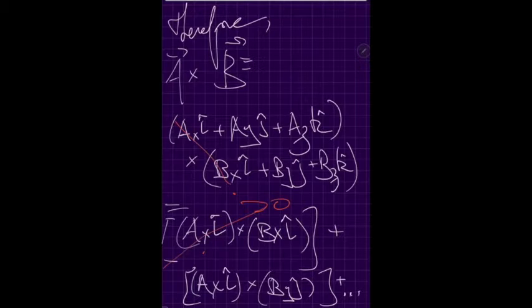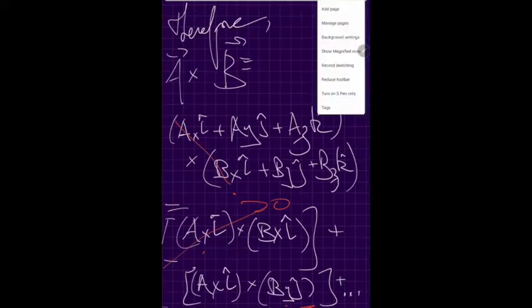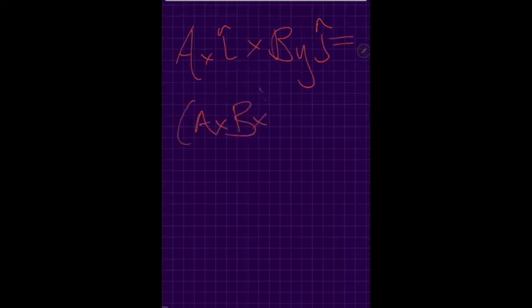But then the next term is ax I hat cross by j hat, so that's ax by times I hat cross j hat.